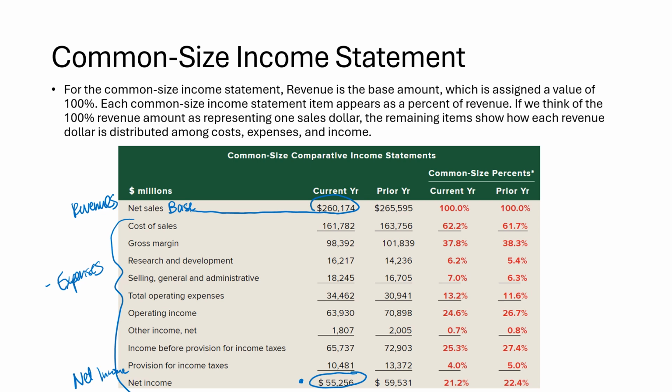So when you divide that by 260,174, that gives you 21.2%. And again, you can just go straight down the line vertically and do the same calculations, always dividing by the base amount to get the percentage.